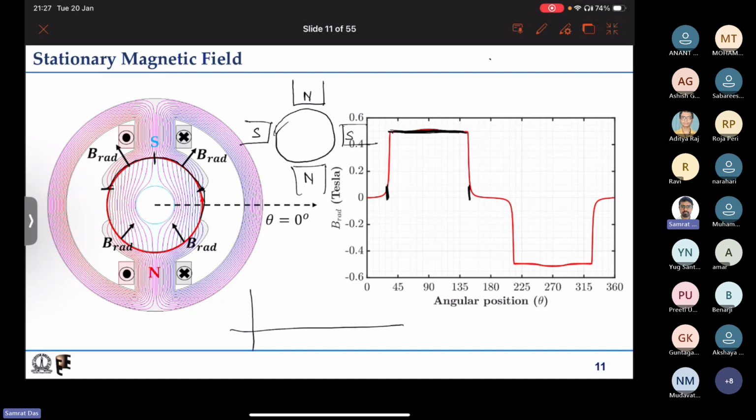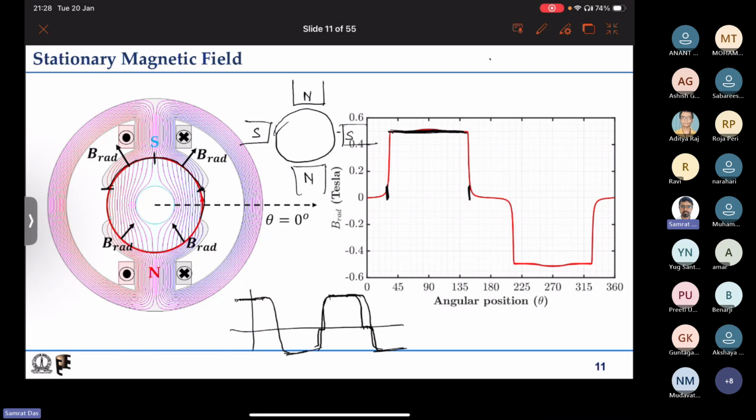Under the south pole here it will be positive, then negative here, positive here, negative here. In between it will fall like this, or it could also have some zero flux density region. It depends on how we design.